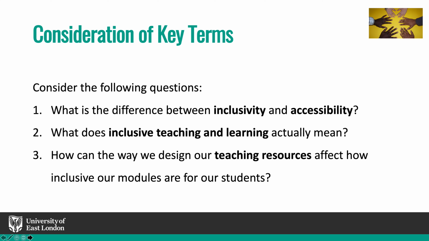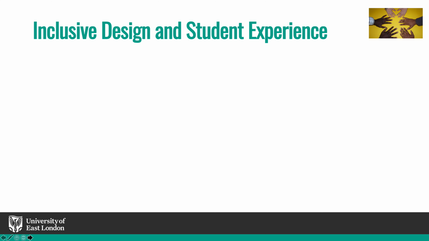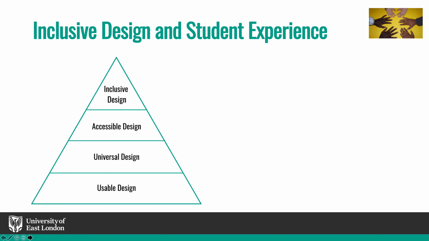So I just wanted to go over a few more key terms, and what I can say is you might have come across these terms before: usable design, universal design, accessible design, and inclusive design. And these all mean slightly different things, but they are all focused really on enhancing the student experience.